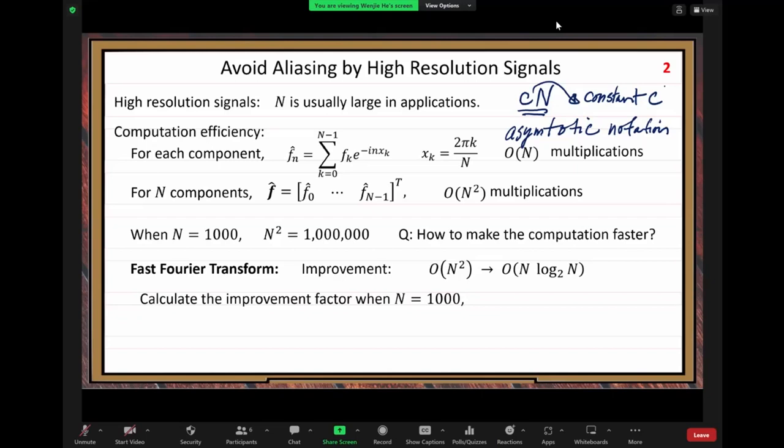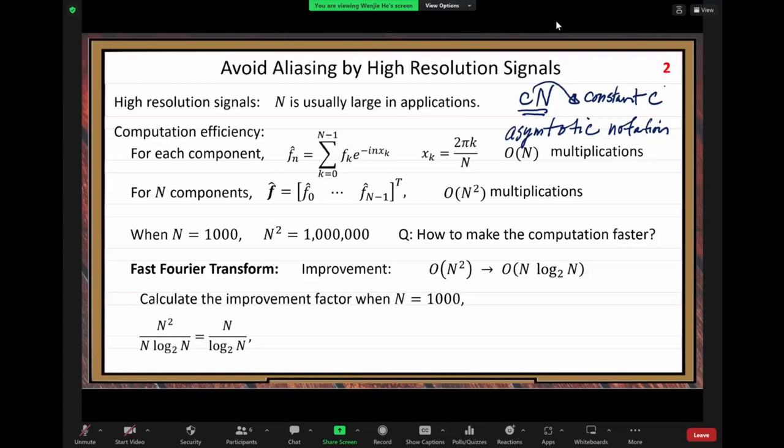Calculate the improvement factor when n equals 1,000. With the straightforward method, we can call it the brute force method, we need to do n squared operations. And with the fast Fourier transform, we do n times log base 2 of n.